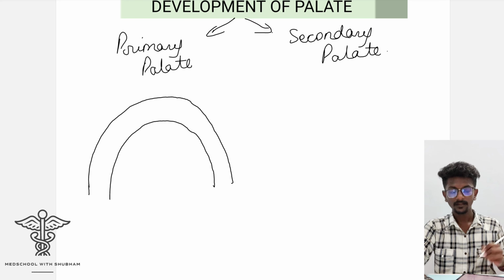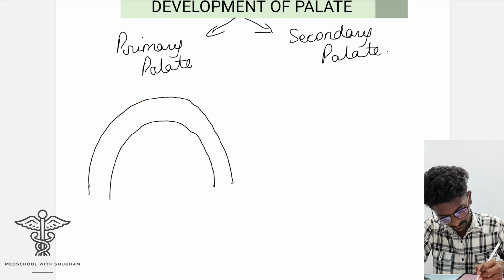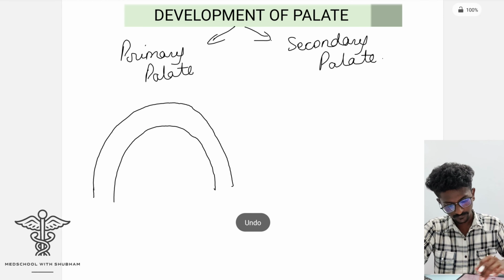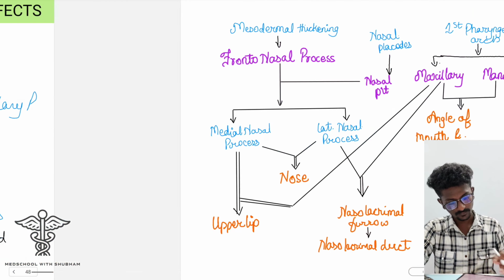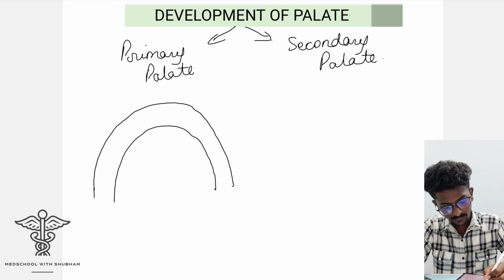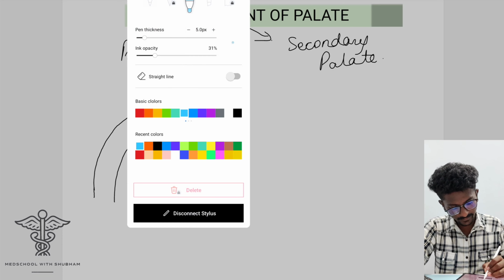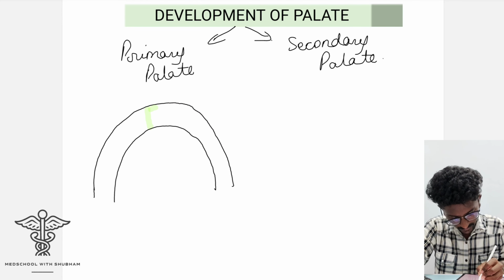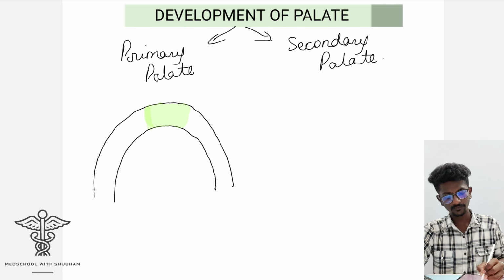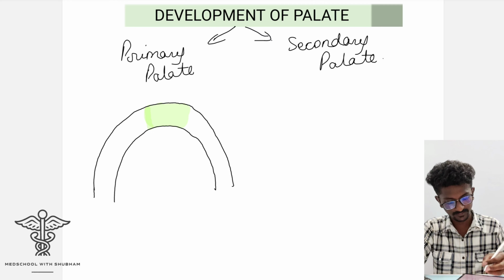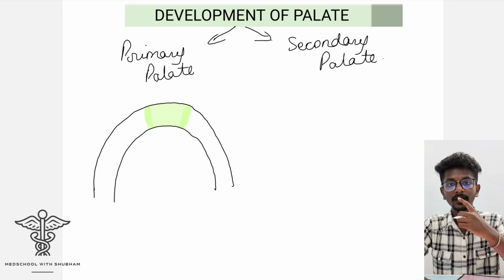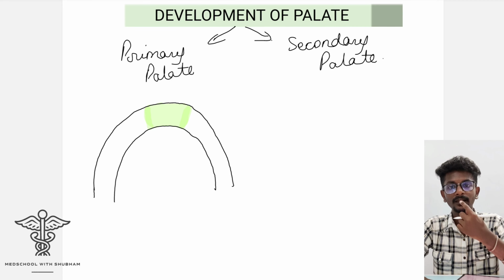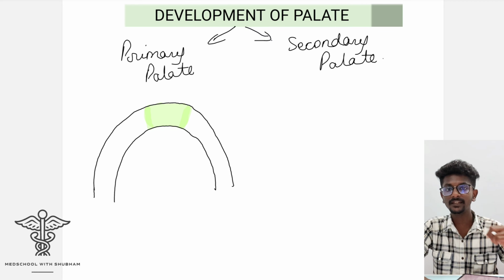In the anterior side you will have the medial nasal process. You will ask, from where did this medial nasal process come? The upper part, near the philtrum of the lip, we have the medial nasal process.